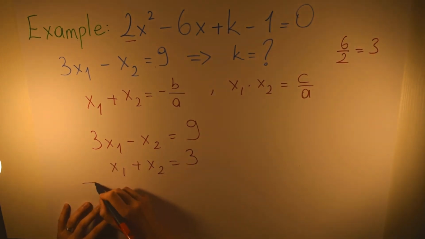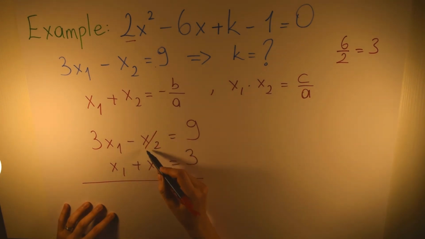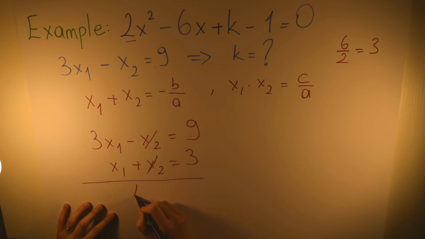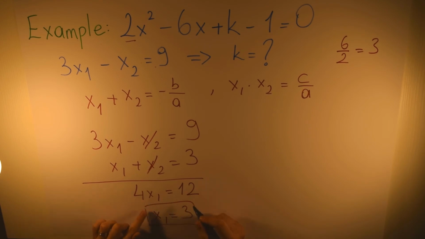When I sum them up together, the x2 terms cancel out each other, so I will get 4x1 is equal to 9 plus 3, which is 12. When I divide both sides by 4, I will get x1 as 3.